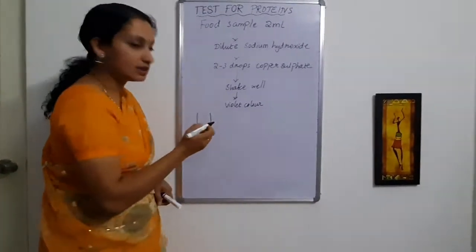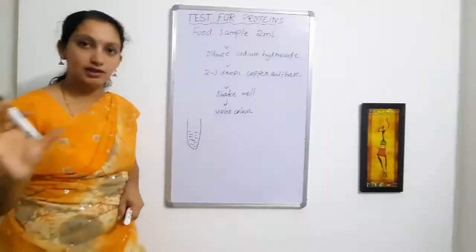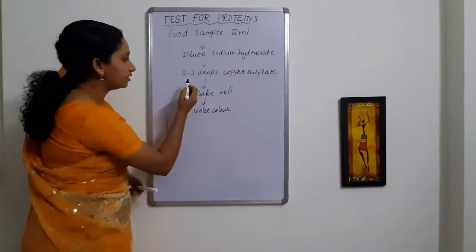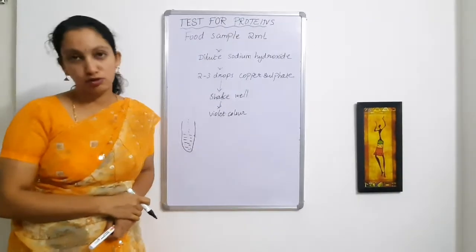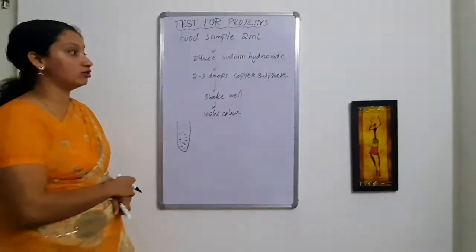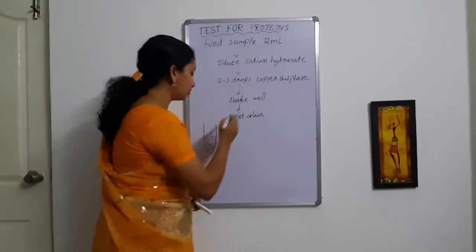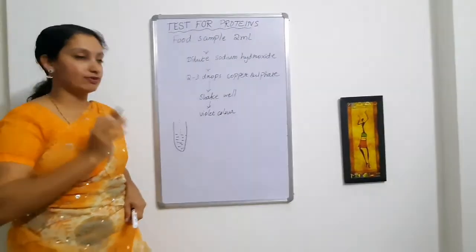Just add drop by drop until the solution clears. Then next step is add 2 to 3 drops of copper sulfate solution. Here copper sulfate is the blue color solution. 2 to 3 drops, just add it. Then shake well. The test tube, you have to shake it well.